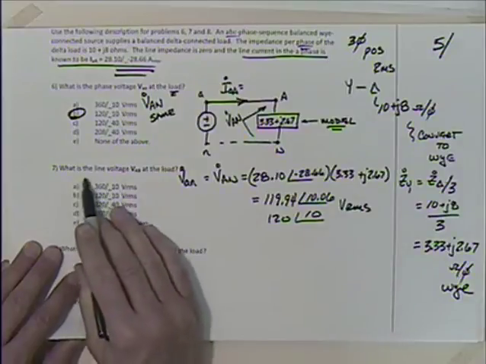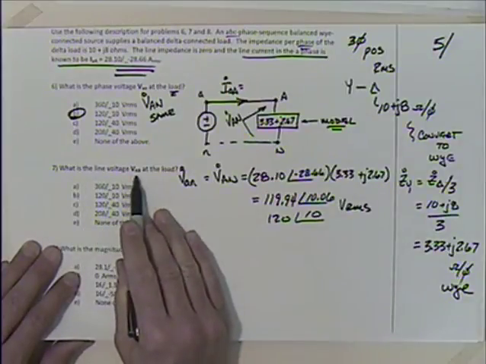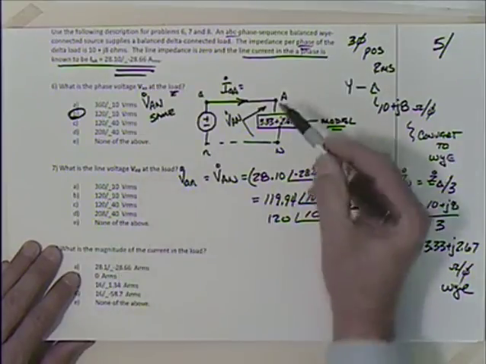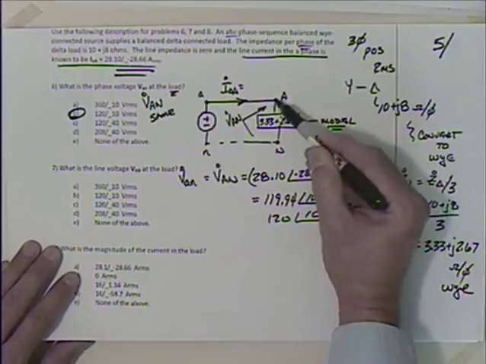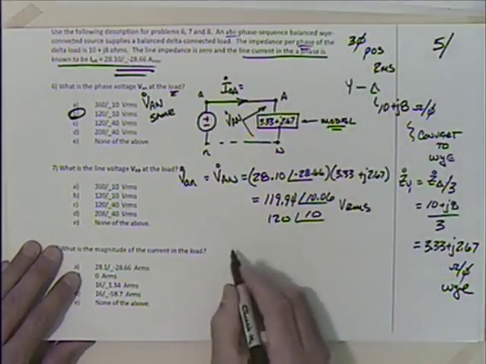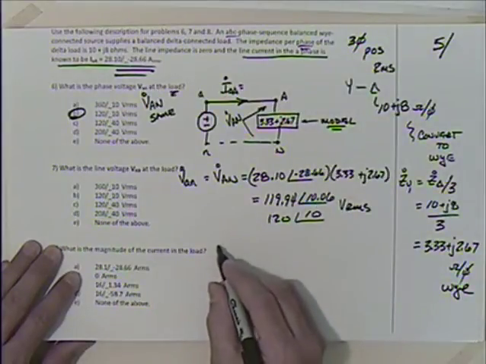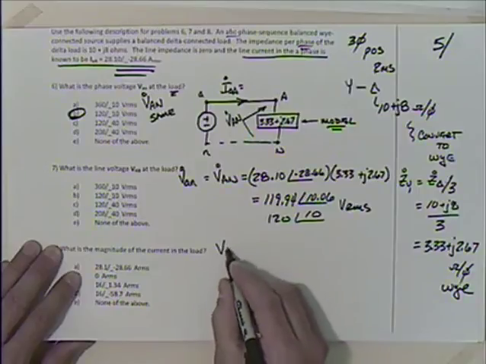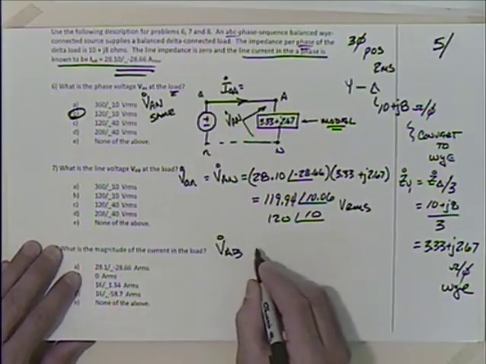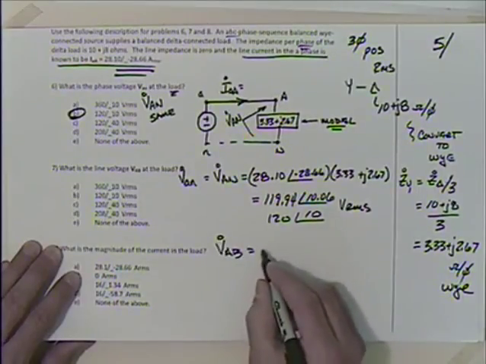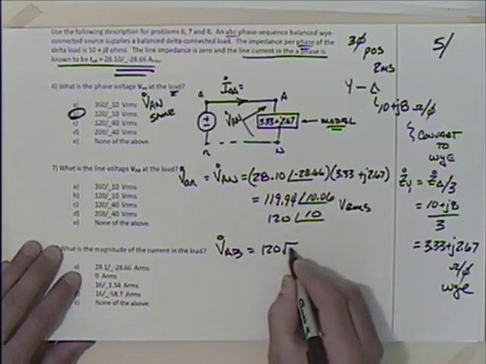So what is the line voltage AB at the load? Okay, the line voltage is going to be not from A to the neutral, but from A to B. So VAB would be equal to this answer here, 120 times the square root of 3.